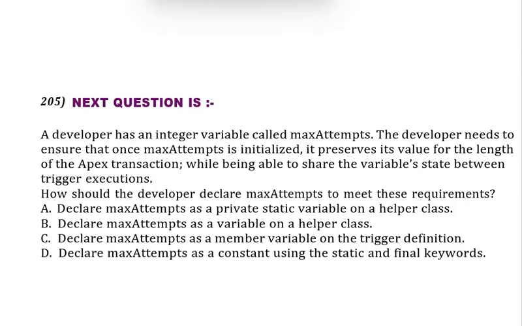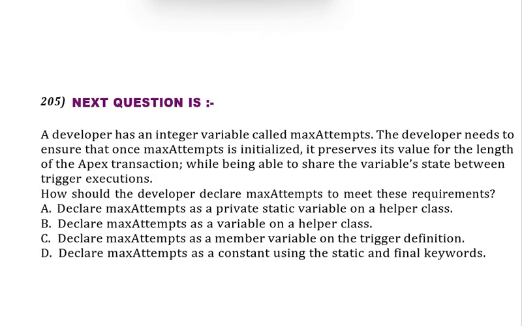Question: a developer has an integer variable called maxAttempts. The developer needs to ensure that once maxAttempts is initialized, it preserves its value for the length of the Apex transaction, while being able to share the variable's state between trigger executions. How should the developer declare maxAttempts to meet these requirements?